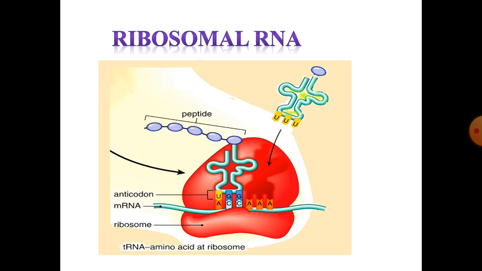the process of translation. Here you can see the mRNA has a codon, for example AUG, which codes for methionine.